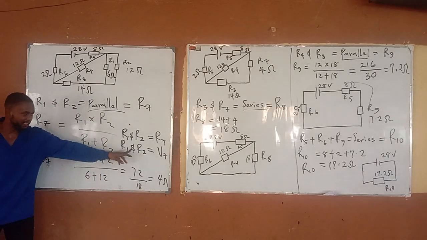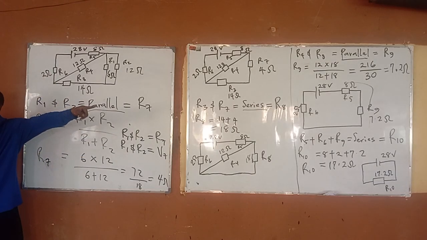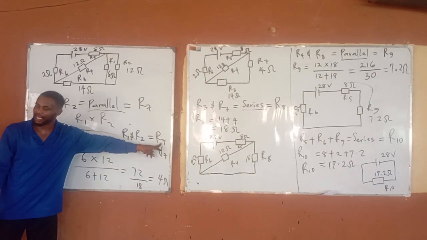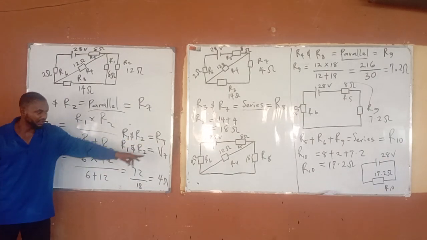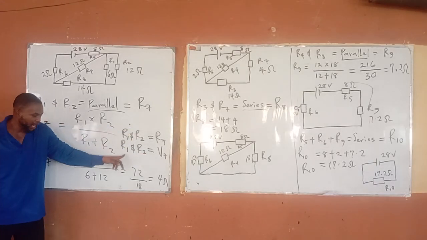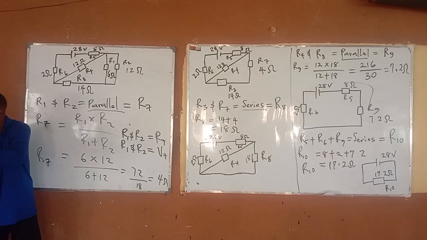These two resistances giving you resistance 7 means it will have a new voltage, V7, the voltage of this resistance. Because R1 and R2 are in parallel, their voltage will be the same.